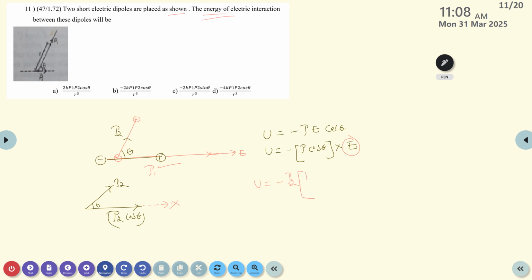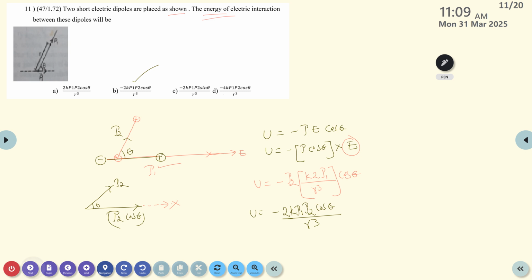For the axial line, we know that 2K P1 divided by R cube into cos theta. Then U equal to minus 2K P1 P2 cos theta divided by R cube. This is the right choice.